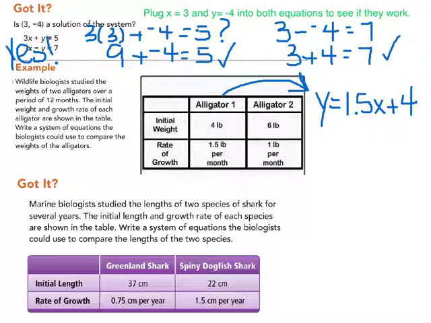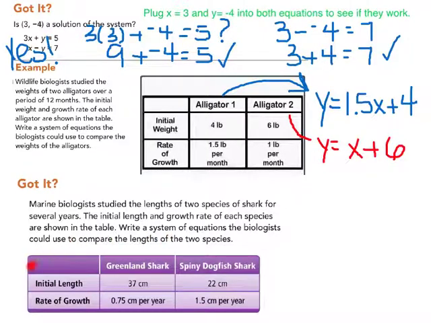For alligator 2, we have y equals our rate or slope, which in this case is 1 pound per month, so 1x, or just x, plus our initial weight, which is 6. So right here I have a system of equations because I have 2 or more equations that represent what's in the table.